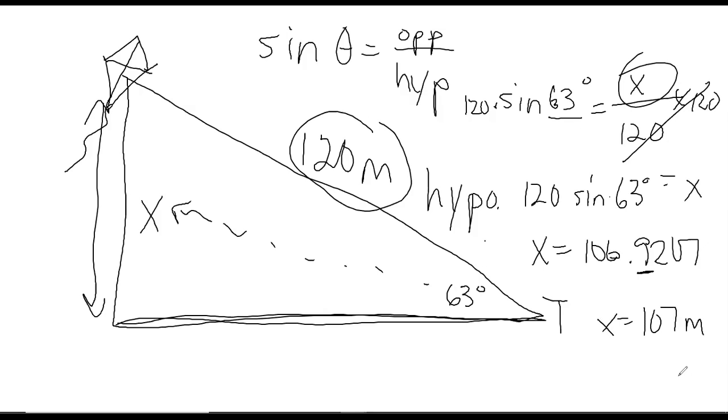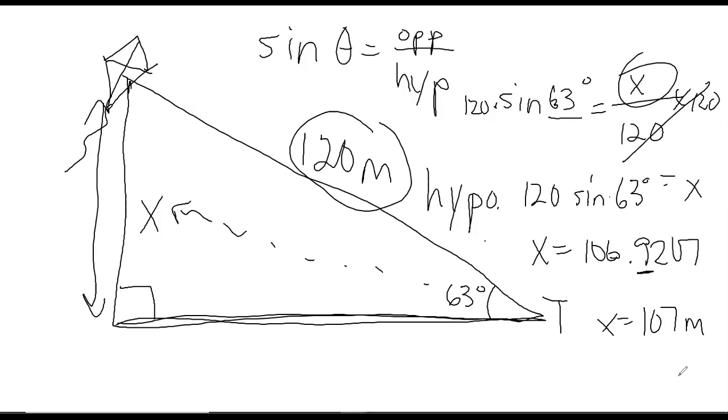And there's another part to this. It says, what assumptions did you make? Well, we assumed that the kite string was taut and straight. We assumed that Taylor measured her degree correctly, right? We assumed that this was a right angle.